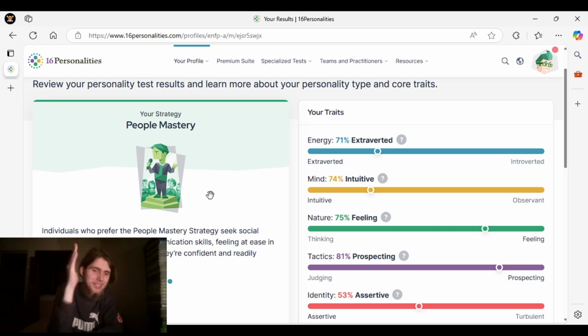I'm curious if I'm actually doing this or I'm just being chaotic. Chaos and people mastery, I don't think those go too well, let's be honest. Unless I'm somehow doing well at it, then that's a completely different story.